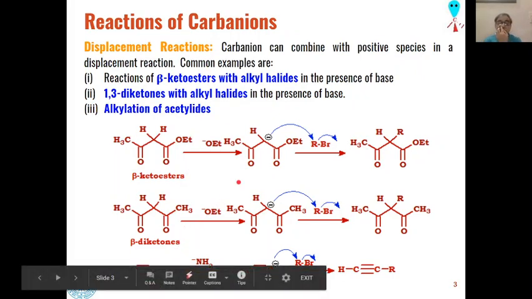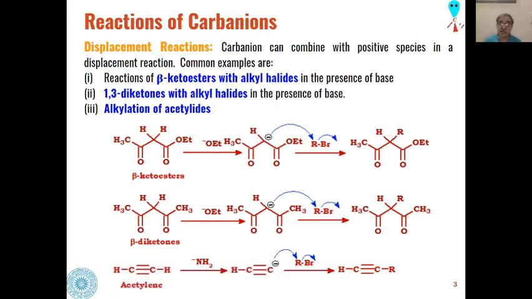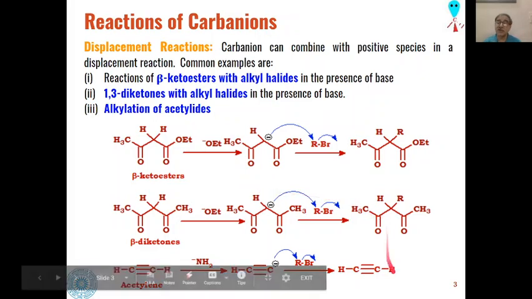Similarly, in the case of a carbon-carbon triple bond, if we take the example of acetylene, in the presence of a very strong base like sodamide, the sodamide will abstract the proton on acetylene because this is acidic in nature because of the presence of the carbon-carbon triple bond. We will get the acetylide ion, and this carbanion will again displace the halide ion from the alkyl halide, and alkylation of the acetylene will take place.